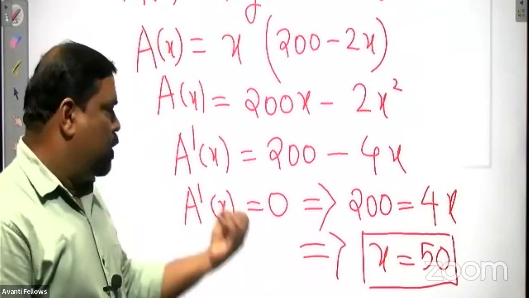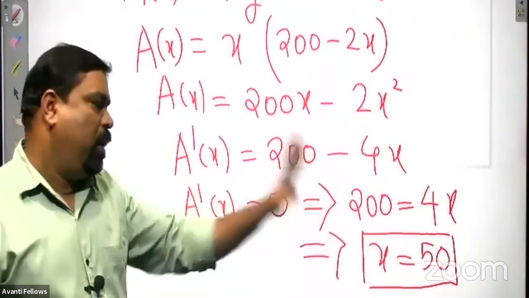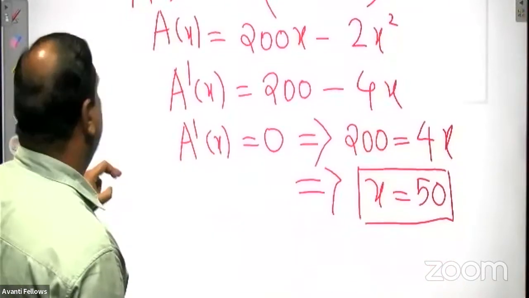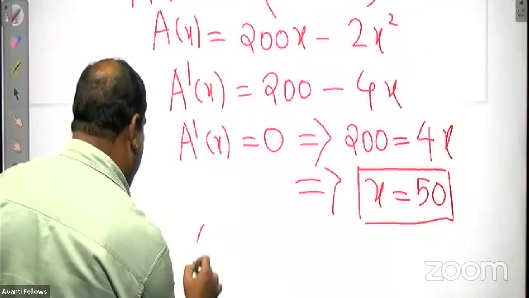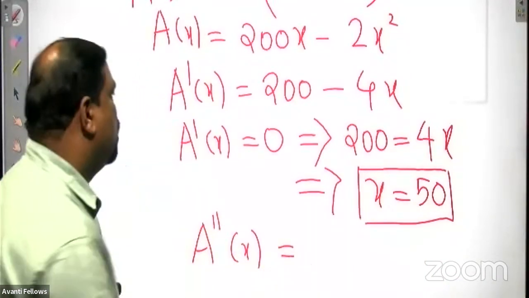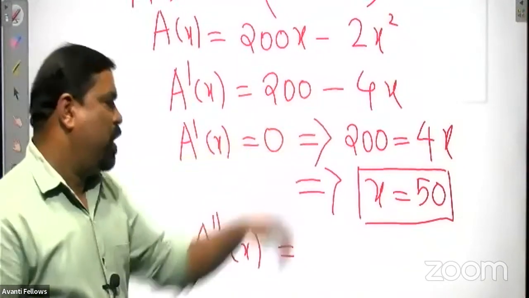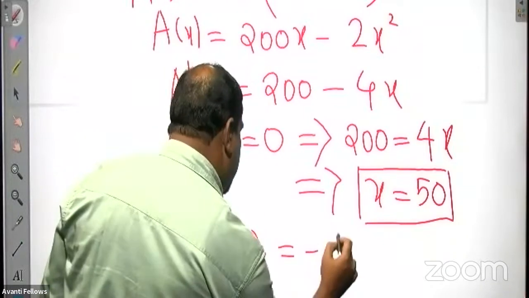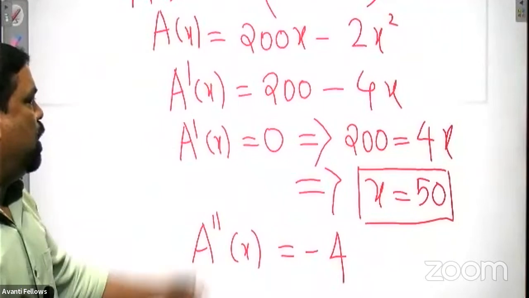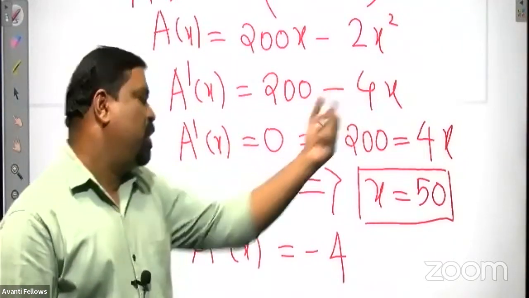That means the area may be maximum or minimum at this point when x equal to 50. Now we have to confirm whether it is maximum or minimum. For that, we have to write the second derivative. A double dash x is the derivative of 200 minus 4x, and that is equal to minus 4.